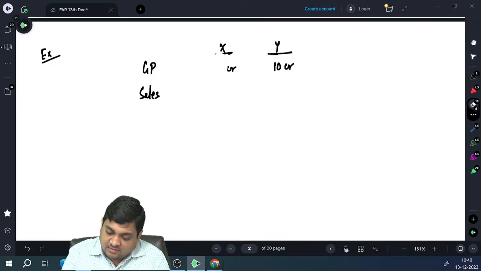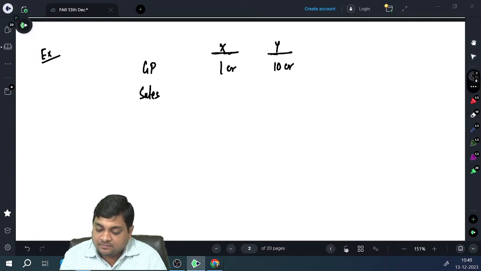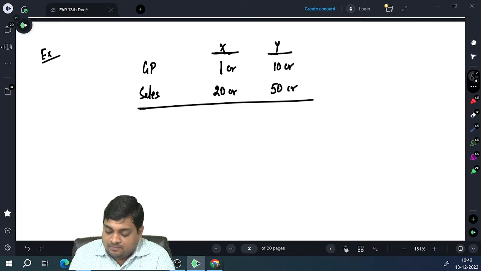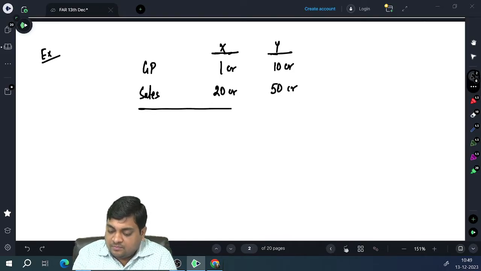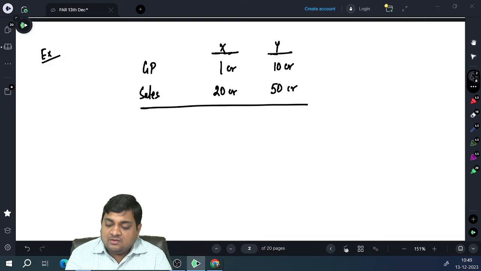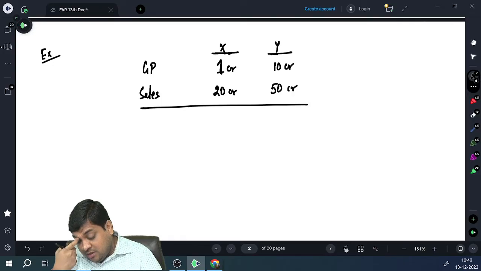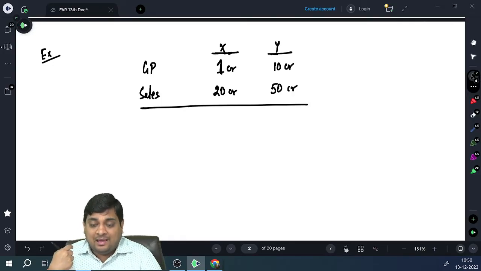If you see with respect to absolute terms, you can easily see that company Y is having a better gross profit.